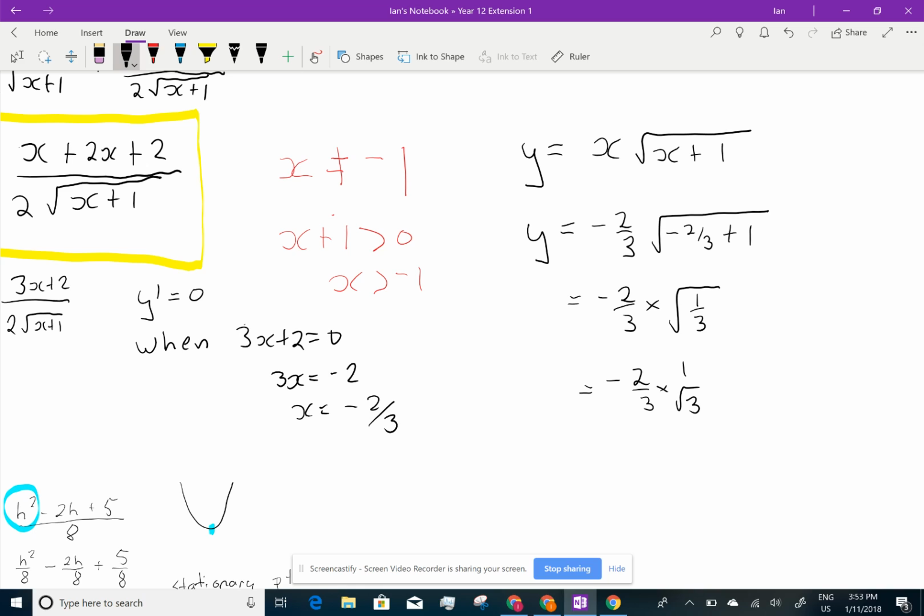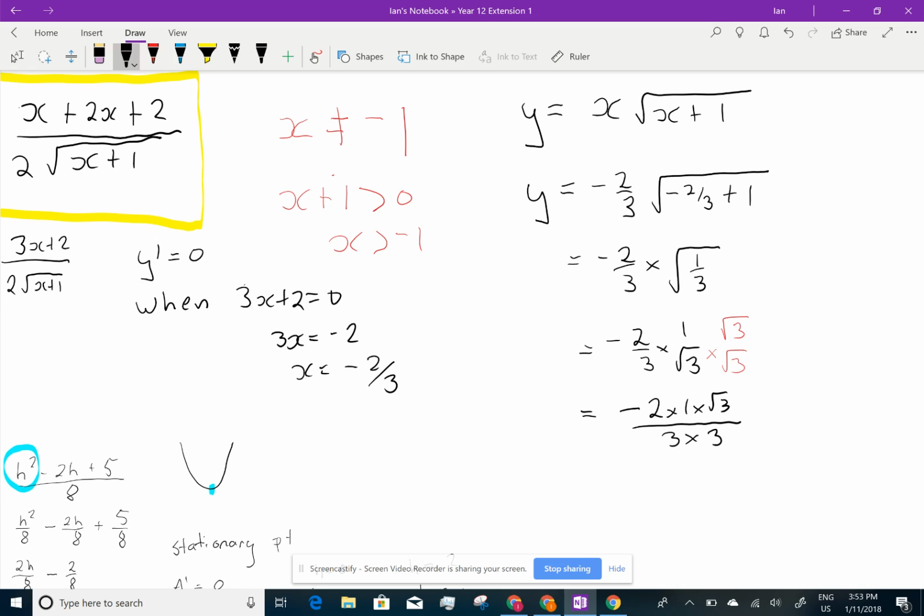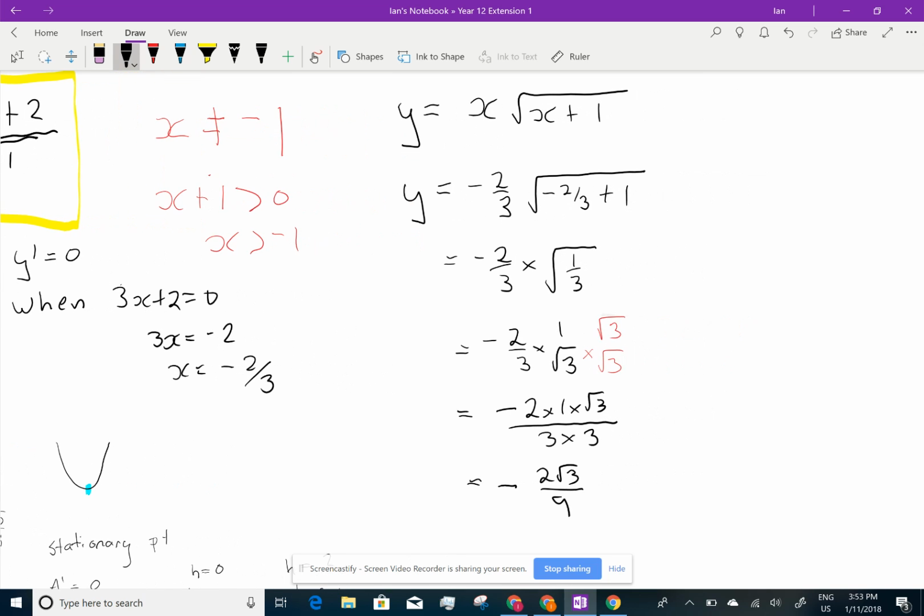Oh, that's a bit ugly. Why don't we rationalise that? So I'm going to just times that by root 3 on root 3. Doesn't change anything. So now what have I got? Negative 2 times 1 times root 3, and on the bottom, I've got 3 times root 3 times root 3. That's 3 times 3, which is 9, and I'm going to put the negative out the front: negative 2 root 3 on 9. So the stationary point is negative 2/3 and negative 2 root 3 on 9.